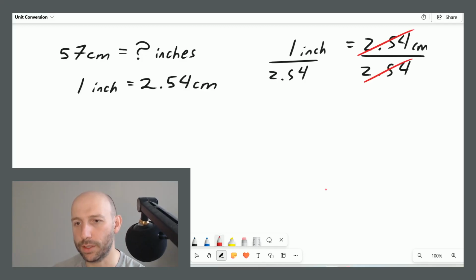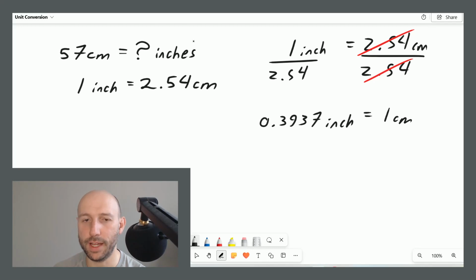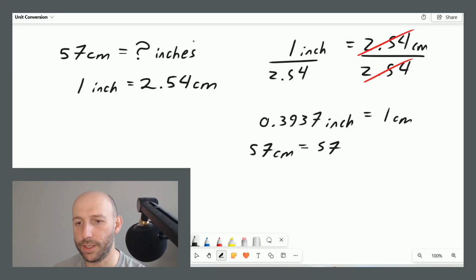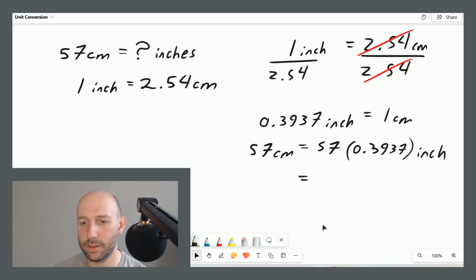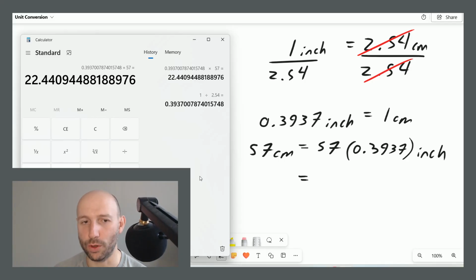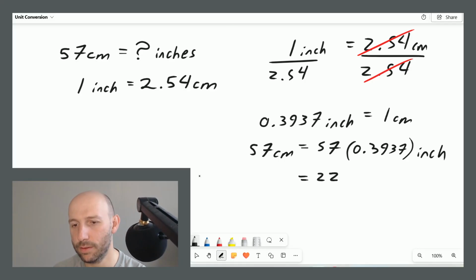Our 2.54s cancel out. 1 divided by 2.54, 0.3937 inches equals 1 centimeter. And then we just plug that in instead of centimeters. So 57 centimeters equals 57 times 0.3937 inches. And that gives us approximately 22.44 inches. And that is our answer.